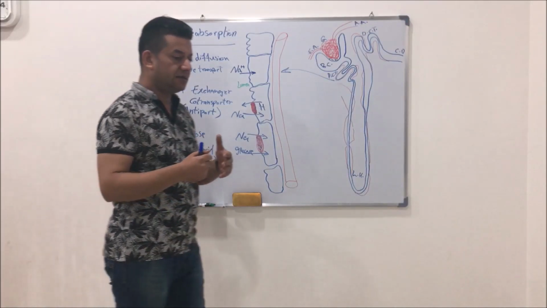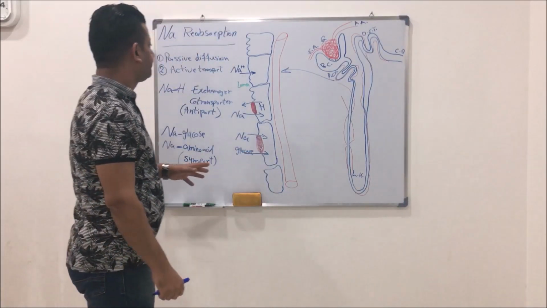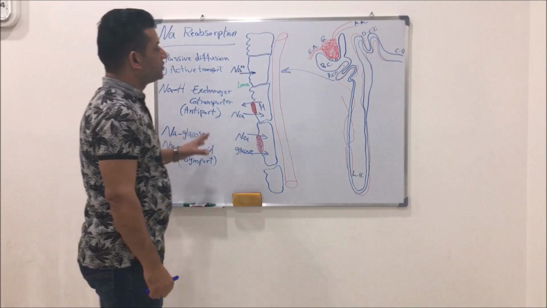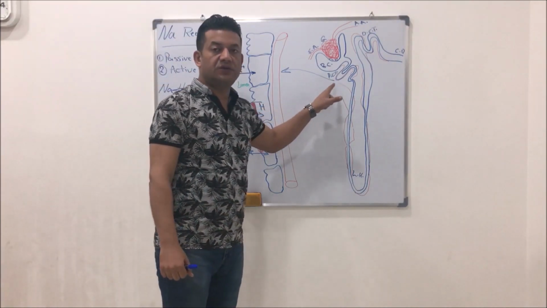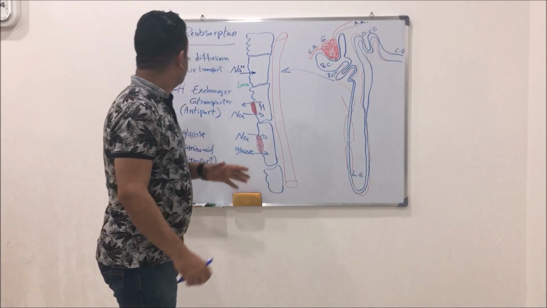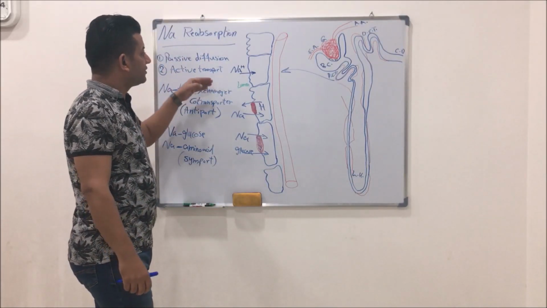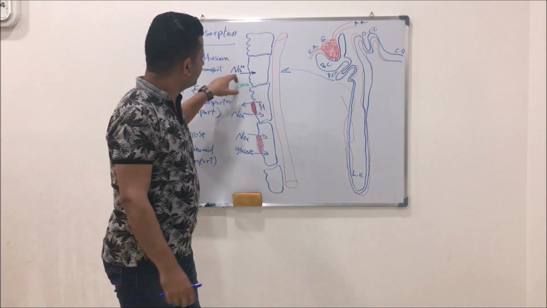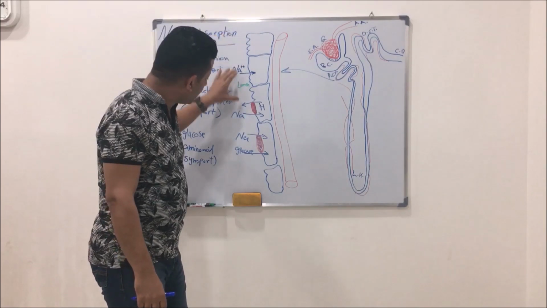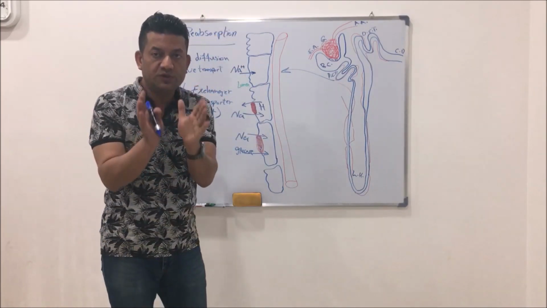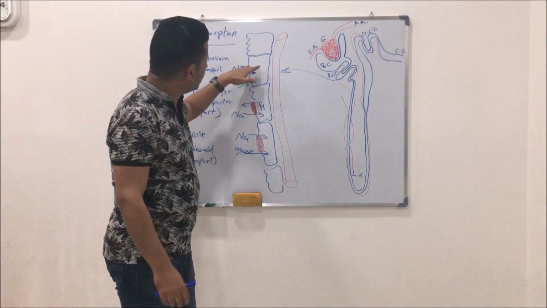So let's repeat that. Sodium is reabsorbed within the proximal convoluted tubules, first, by passive diffusion, through movement of sodium from the high concentration area in the lumen of the tubules to the inside of the cells.